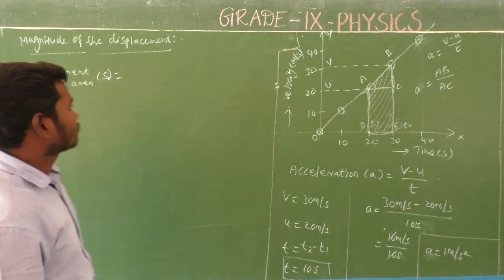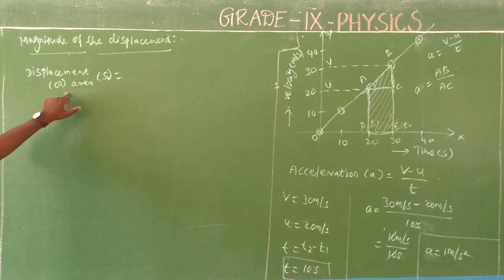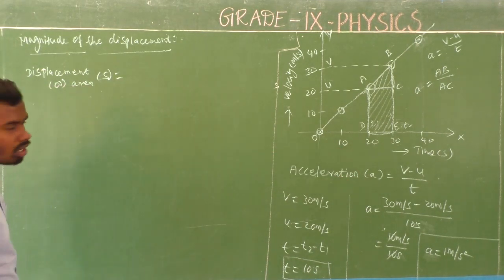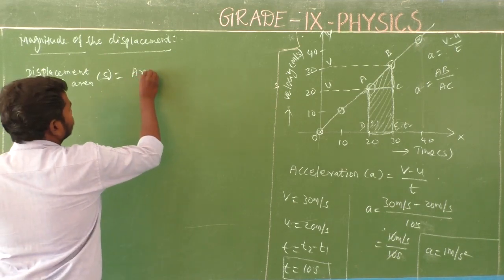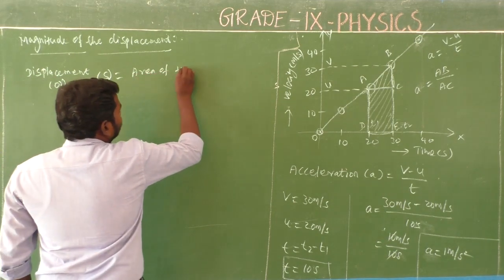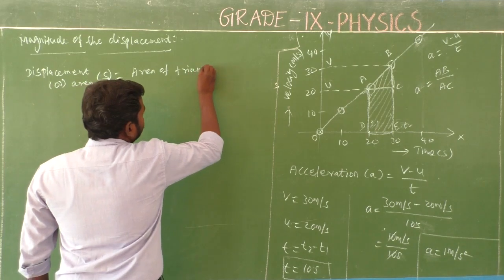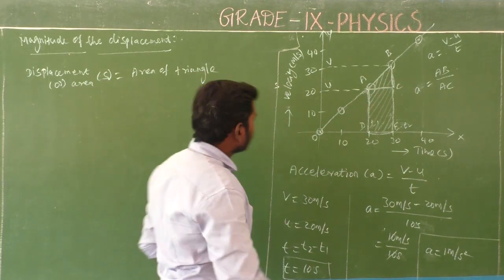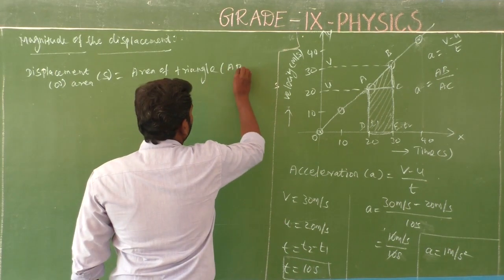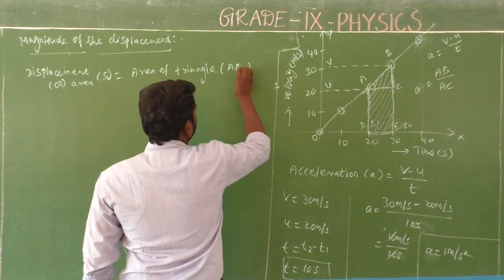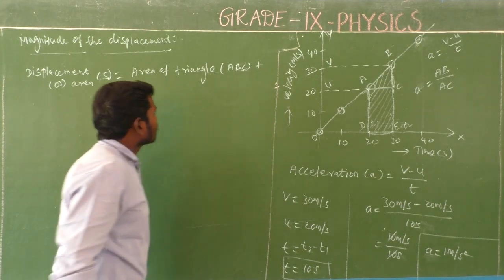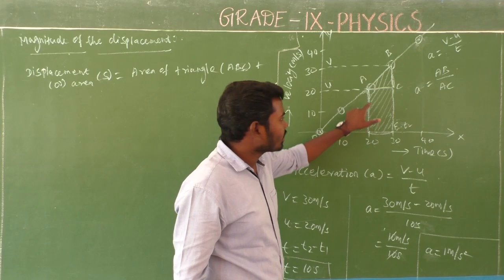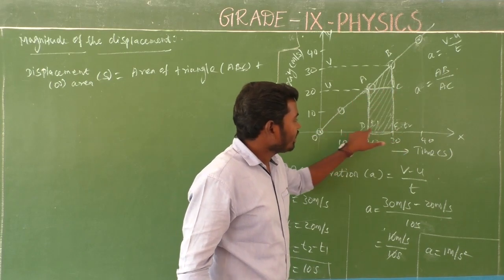Yes, of course, correct. So displacement or area covered by the object during 20 second to 30 second is equal to, what is that? Area of triangle ABC, plus area of rectangle ACED.